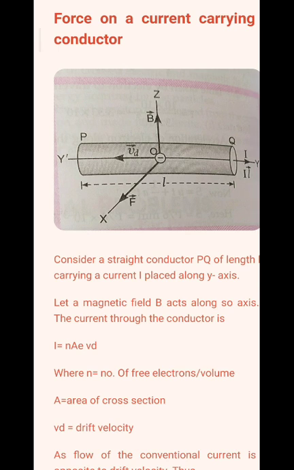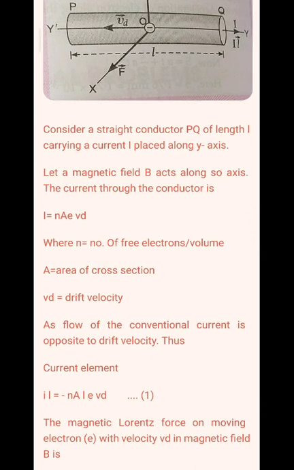The current through the conductor is I equal to nAeVd, where n is the number of free electrons per unit volume, A is the area of cross-section, e is the charge on the electron, and Vd is the drift velocity. As the flow of the conventional current is opposite, if we multiply by the length, the current element IL is equal to minus nALeVd.